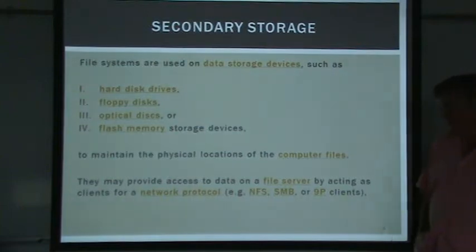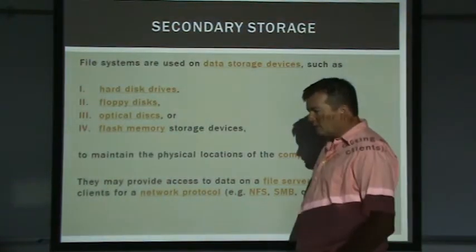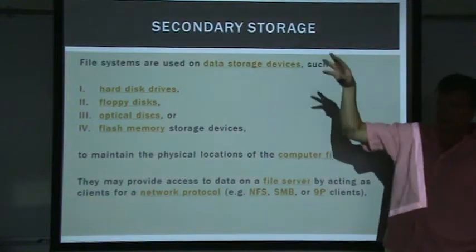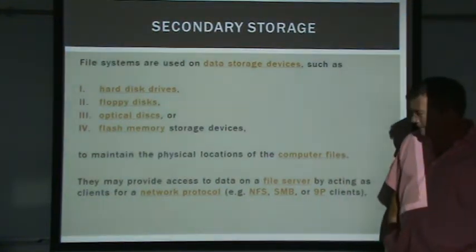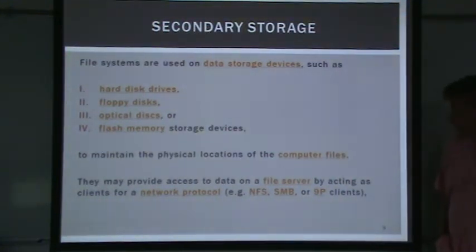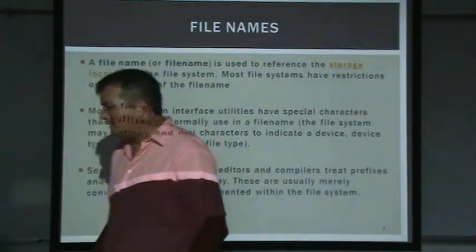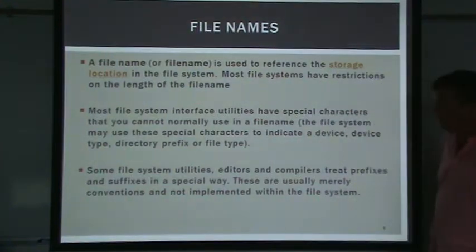And the other thing, if your computer is connected to, let's say, the internet, you can have a file system on another machine as long as it's connected to the internet. So connecting to a file system that's not even physically on the computer your operating system is running on is still allowed.